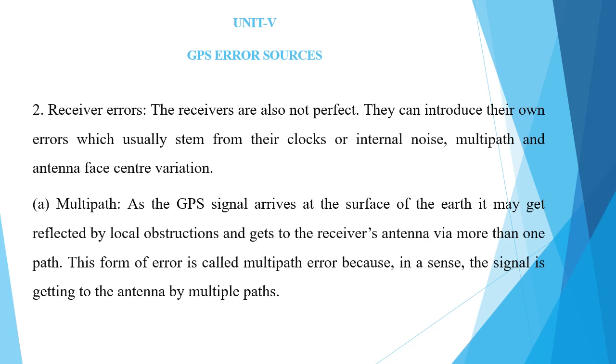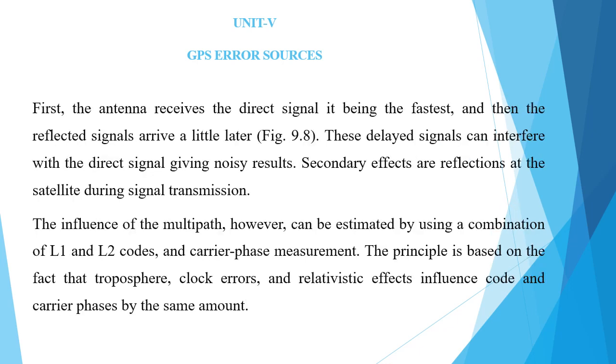This form of error is called multipath error because in a sense the signal is getting to the antenna by multiple paths. First, the antenna receives the direct signal, it being the fastest, and then the reflected signals arrive a little later. These delayed signals can interfere with the direct signal, giving noisy results.